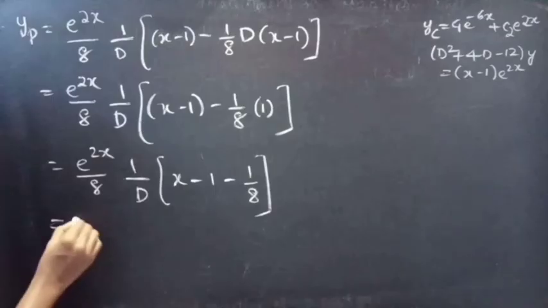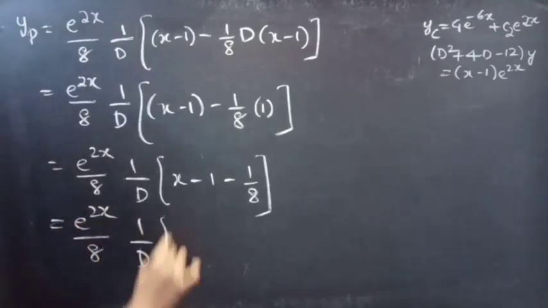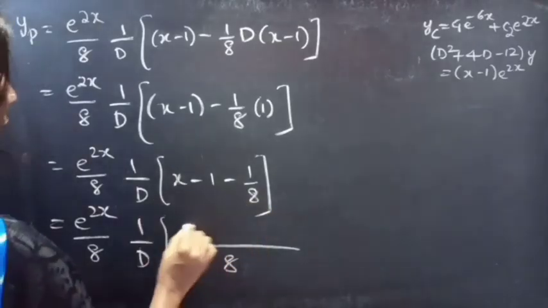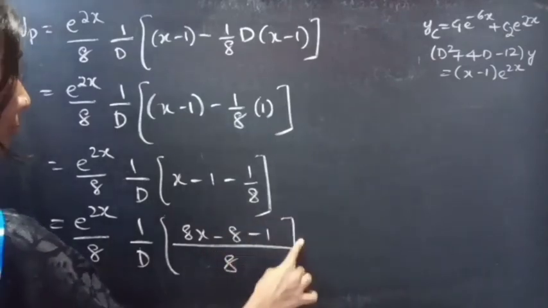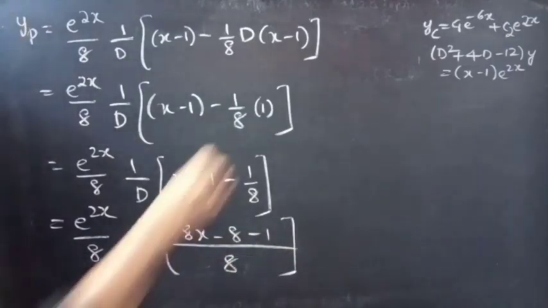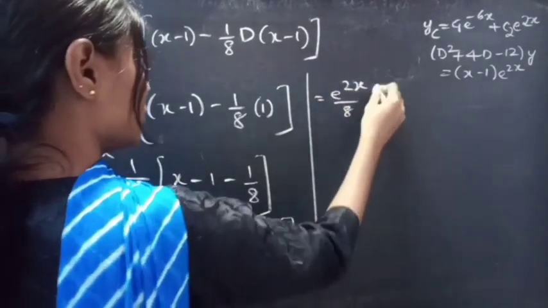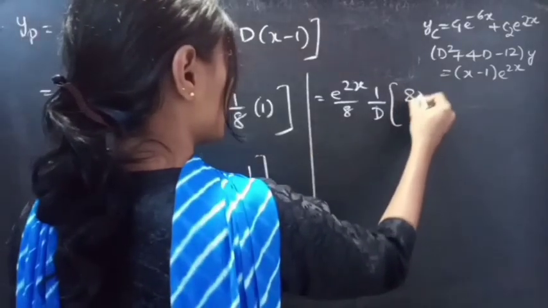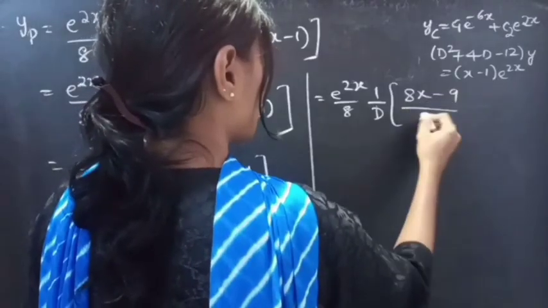Then this becomes e power 2x by 8 into 1 by D into, take the LCM, we'll get 8 in the numerator, x into 8, 8x, minus 1 into 8, 8, minus 1. This becomes e power 2x by 8 into 1 by D into (8x minus 8 minus 1, which is minus 9) by 8.